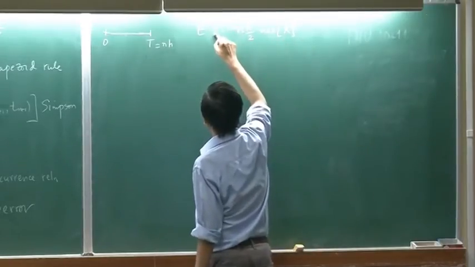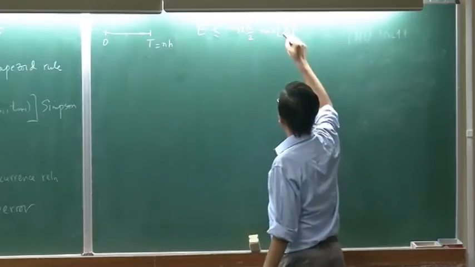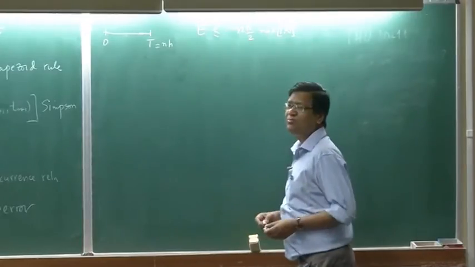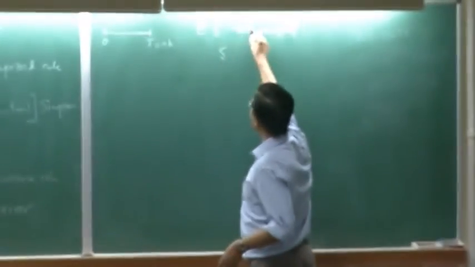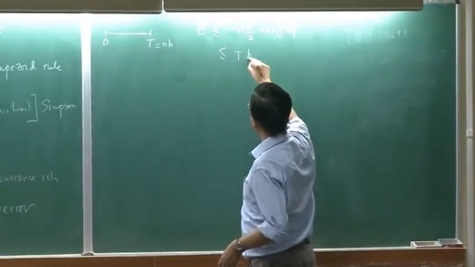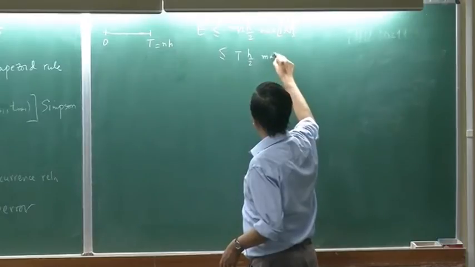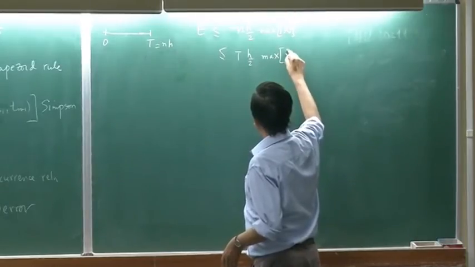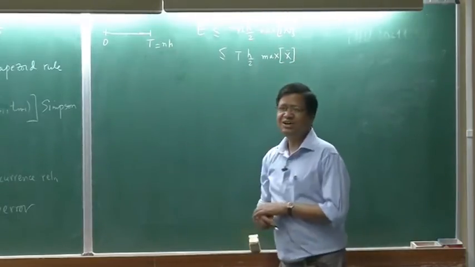Error is less than or equal to, I should put mod of this, so I am putting a bound. So this n h is T, so T times h by 2. So something linear in h.